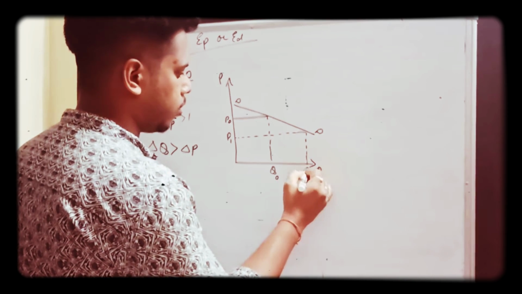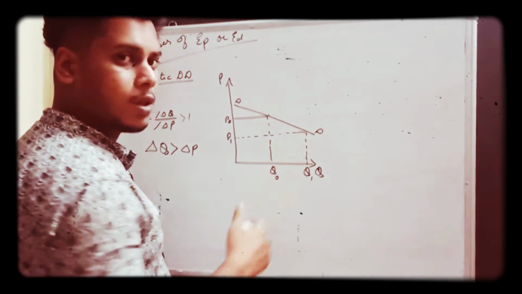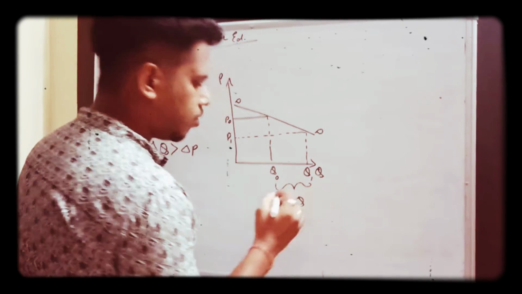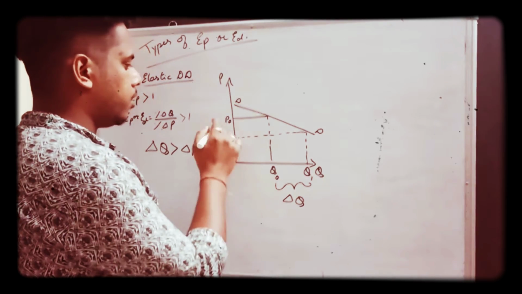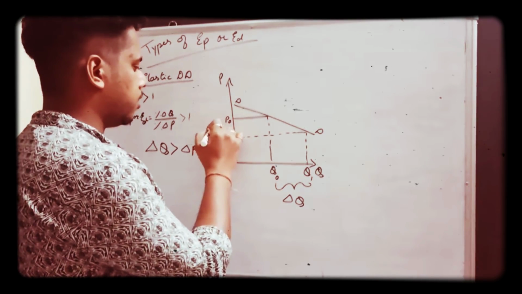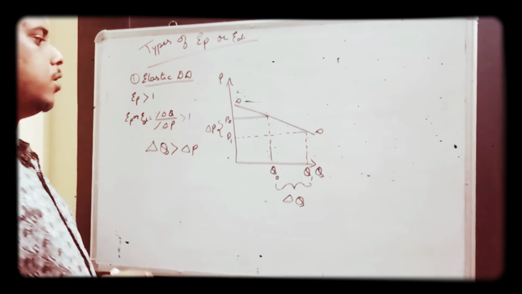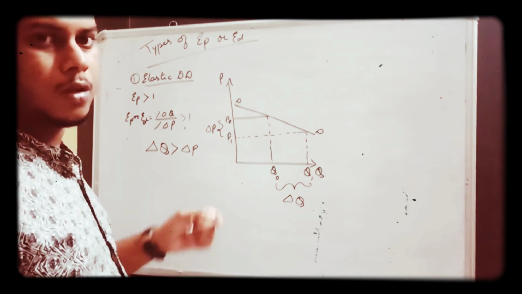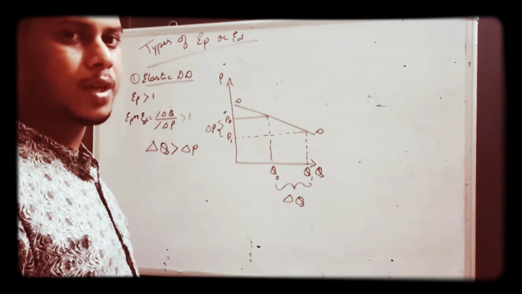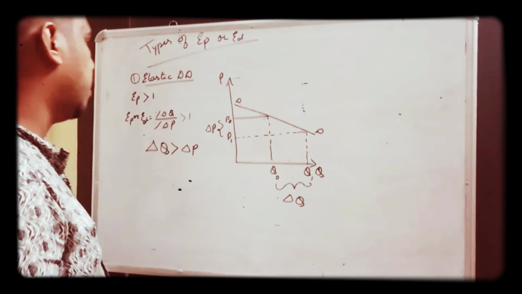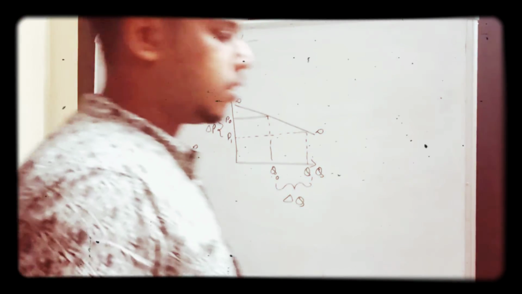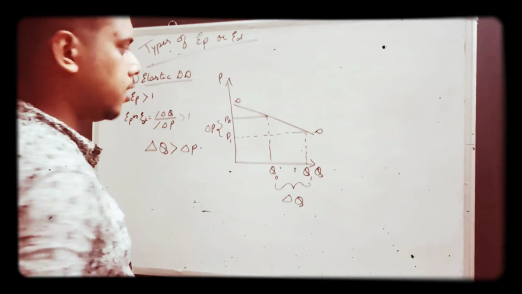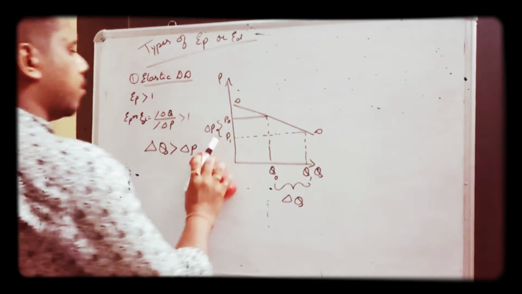The associated quantity will be Q1. Now visually you can see that the change in quantity is greater than the change in price. So for this demand curve, the elasticity is greater than 1, and we can call this an elastic demand curve. So this is the first type of price elasticity.